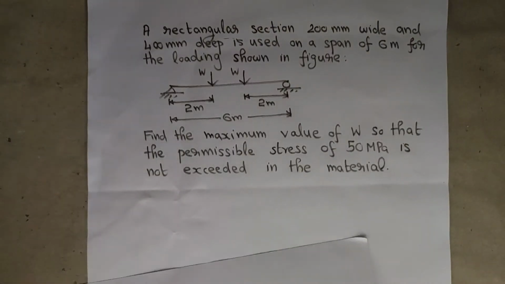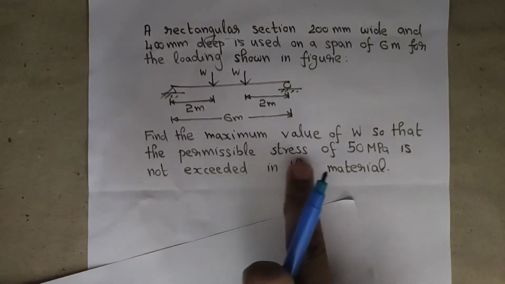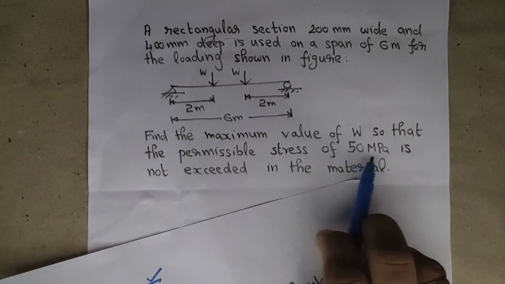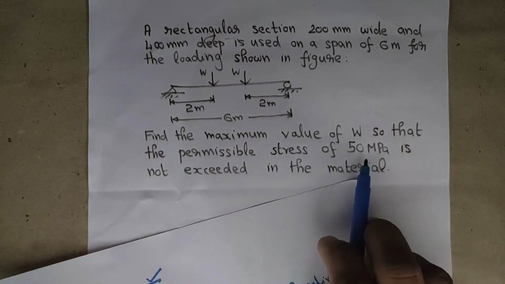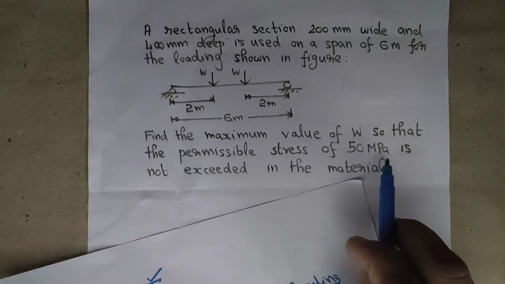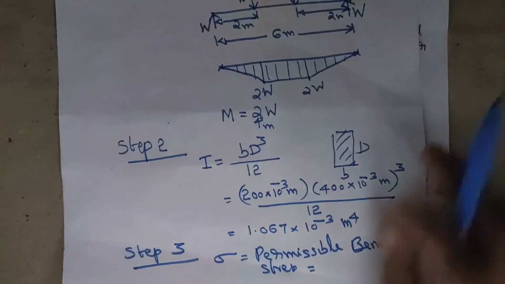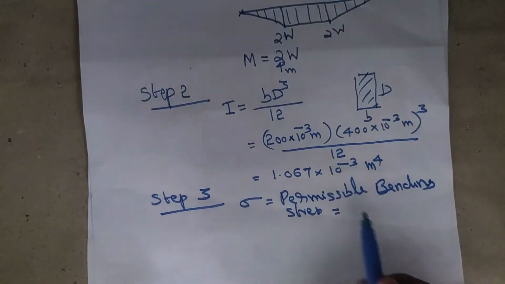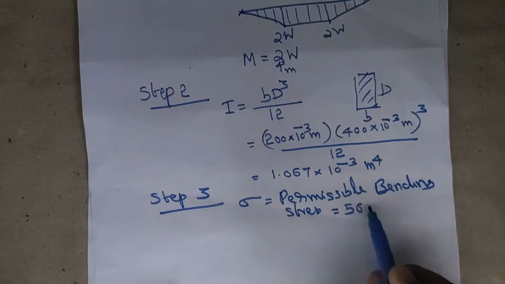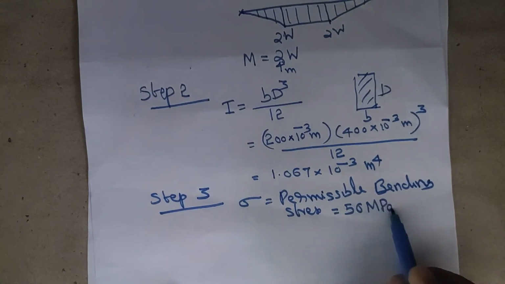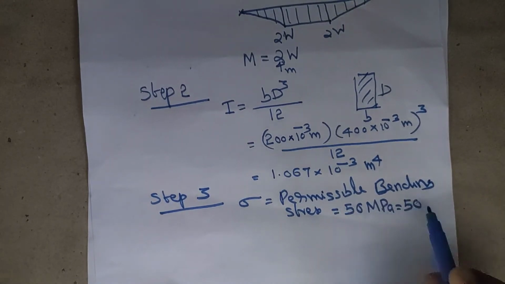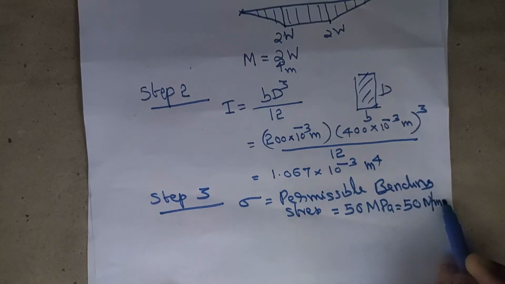Let's go back to the problem statement. The permissible stress of 50 megapascal. Megapascal means 50 Newton per millimeter square. So 50 megapascal, that means 50 Newton per millimeter square.